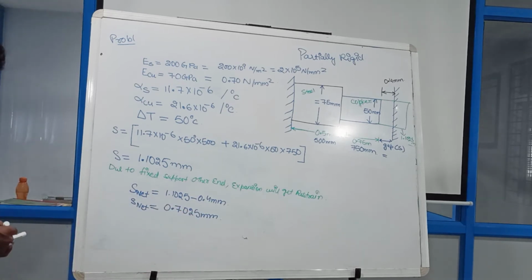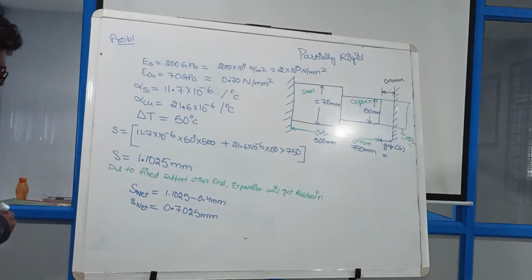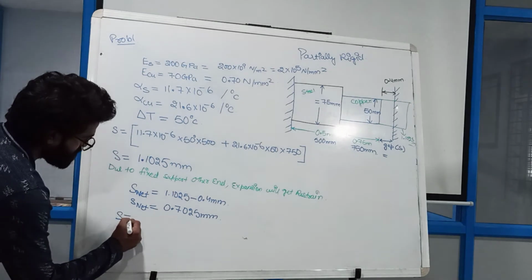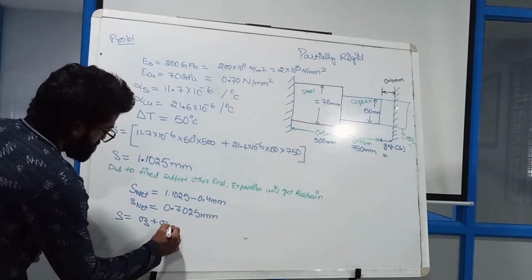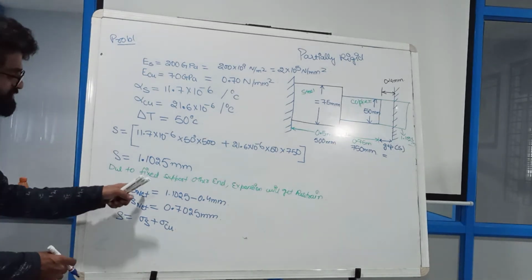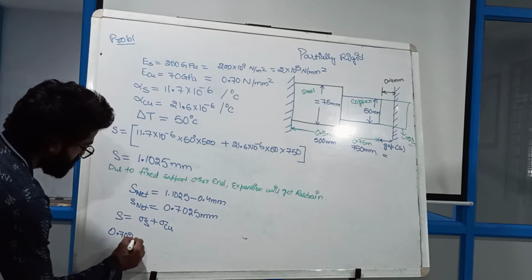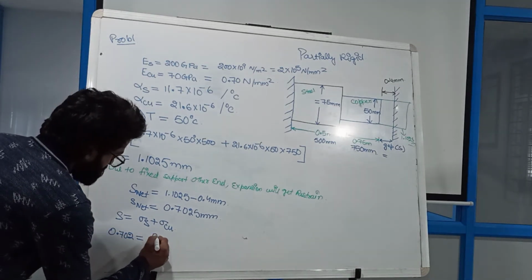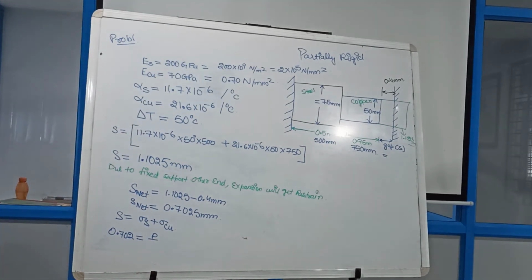Now let us calculate the forces. So how to calculate the forces? Already I told you earlier that delta is equal to delta S plus delta Cu. So if this delta net I keep the value 0.702. Sorry, there is a little mistake.